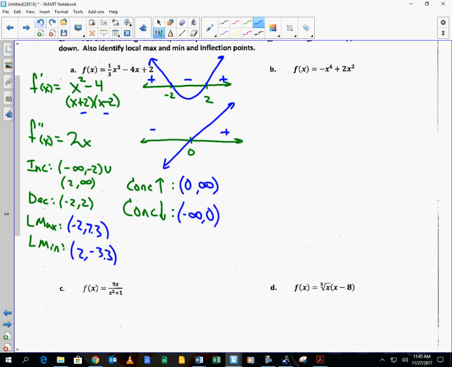And then my last piece is to identify the point of inflection. Inflection occurs when the second derivative changes sign, and that is at 0. If I plug 0 in, I get 2.